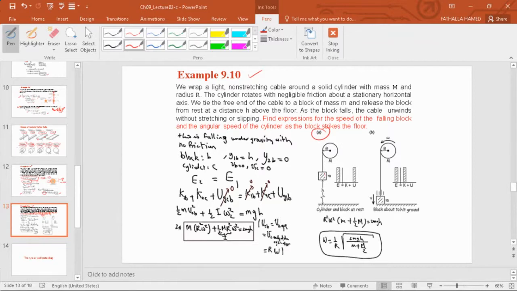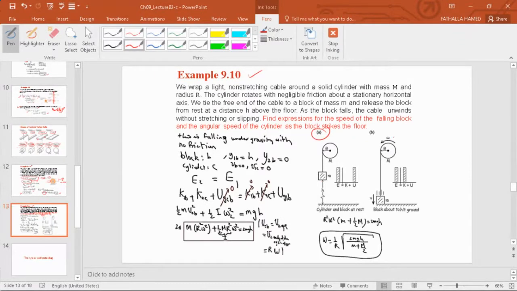The block here will start falling down, but it will start with v equal to 0. So if you consider the energy of this situation, it should be equal to kinetic plus potential. You will find the whole energy is only potential, which is mgh, gravitational potential energy.